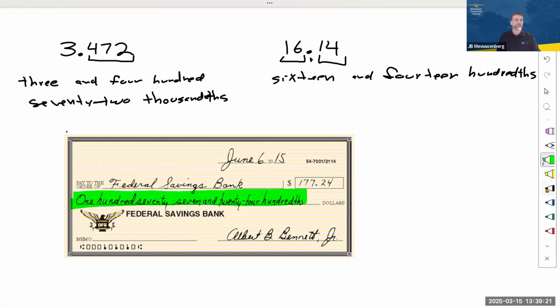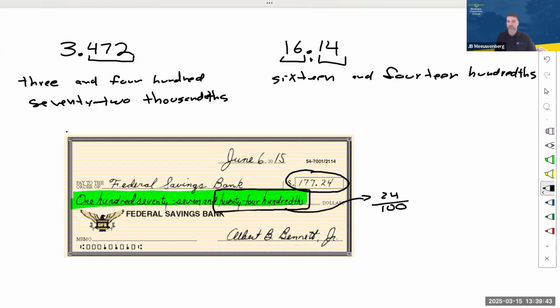And so this check was for $177.24. So we'd say 177 and 24 hundredths. Sometimes people will take that 24 hundredths and write it as a fraction instead of the written word. Either one of those would be okay. But it is important to note how that does work.